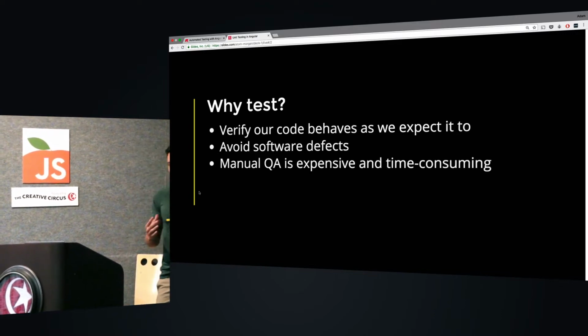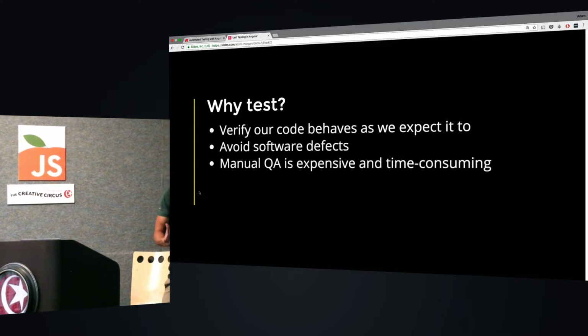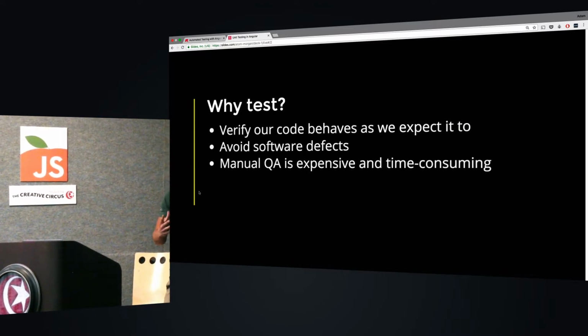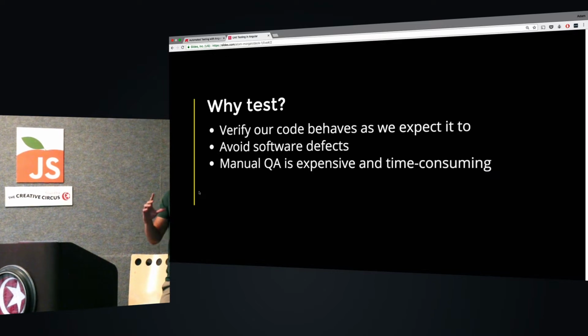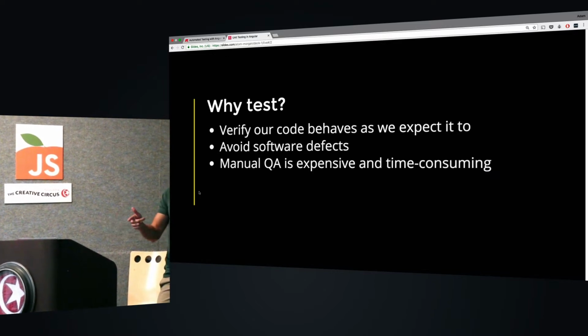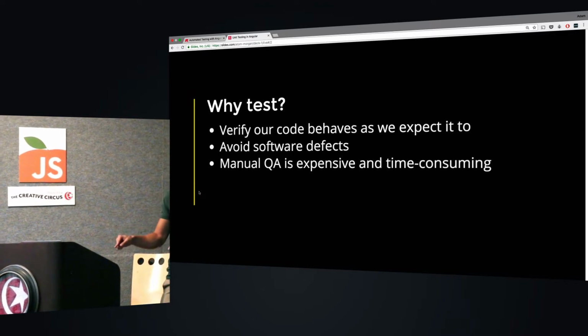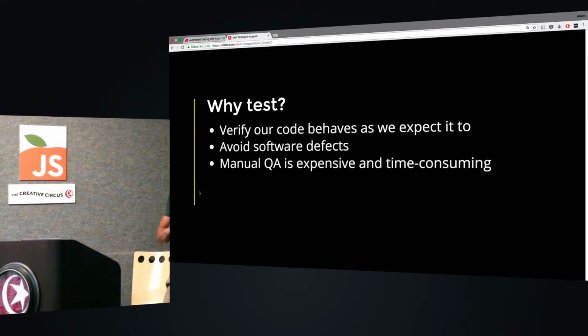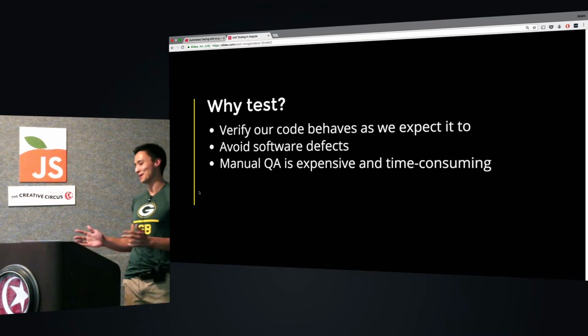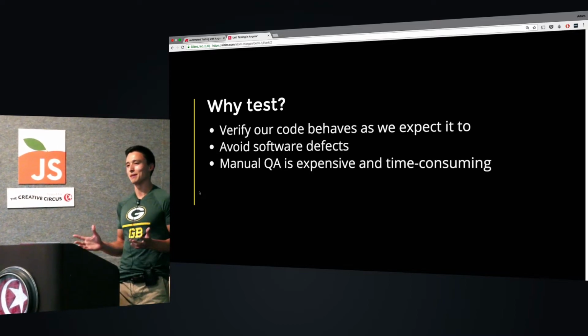And then finally, it allows you to avoid manual QA. I've worked on teams where there isn't automated testing in place. Somebody will make a change to some code, they'll push it up, and then somebody else on the team kind of runs to their computer to make sure that their feature still works. That's a nightmare. You should never have to have that on your team. It's very time consuming.